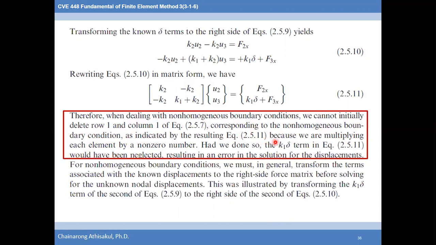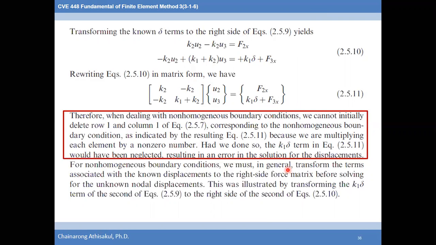Because we have the non-zero term K1 delta, when dealing with the non-homogeneous equation, we have to be careful about this.